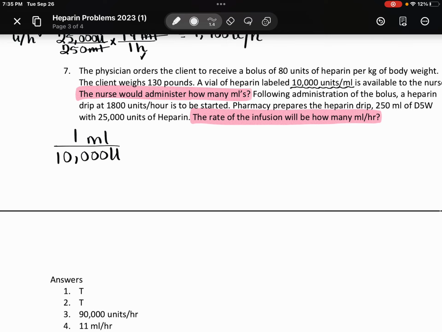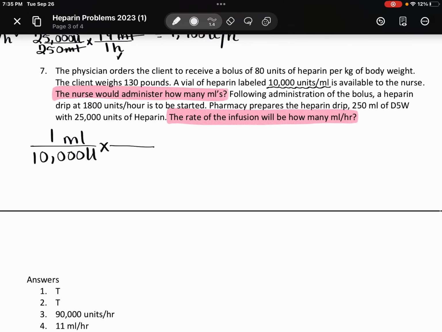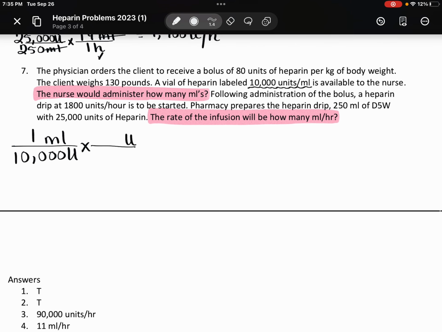Got 10,000 units per milliliter. Okay, well, I need to bring units up here, right? In my order, I have 80 units of heparin per kilogram. So I'm going to put my 80 units up top and put my 1 kilogram on bottom.